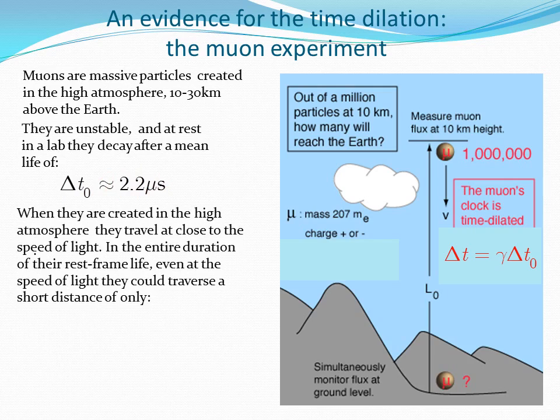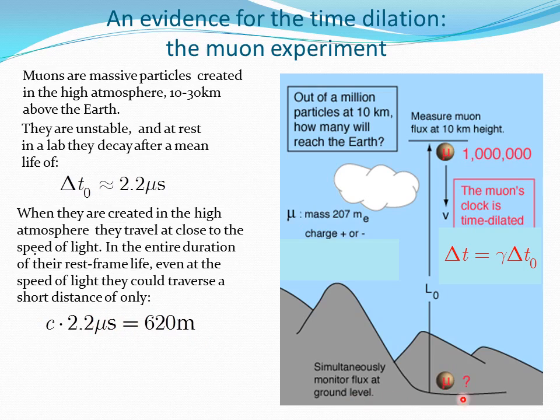When they are created in the high atmosphere, they travel close to the speed of light. But even at this very fast speed, in the entire duration of their lifetime, they could travel only a very short distance of c times 2.2 microseconds, which gives a distance of only 620 meters.